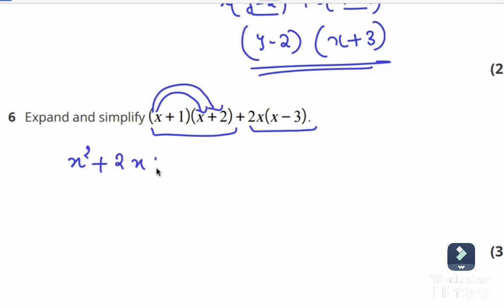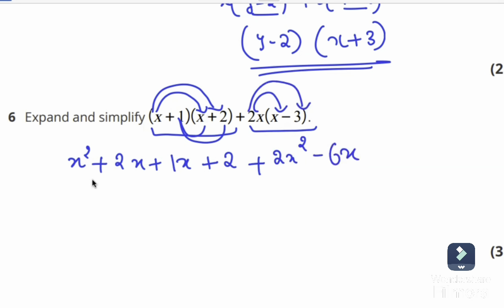Therefore, 2 into x plus 1 into x plus 1 into 2, which is going to be 2. Plus, you can multiply from outside the bracket to inside the bracket as 2x squared minus 2x into 3, which is going to be 6x.